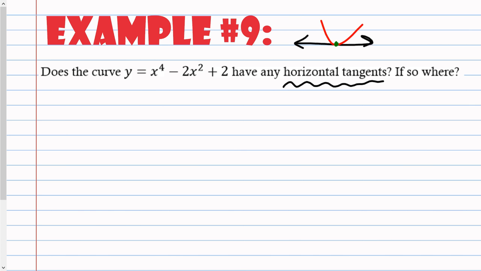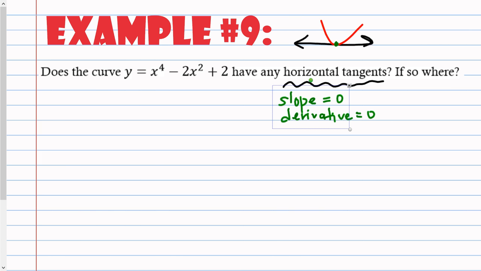Okay, if a line is horizontal, what is the slope of that line? Hopefully you're thinking, oh, well, the slope of that line is 0, which in turn means the derivative needs to equal 0. So we need to figure out if this curve has a horizontal tangent. If so, where?